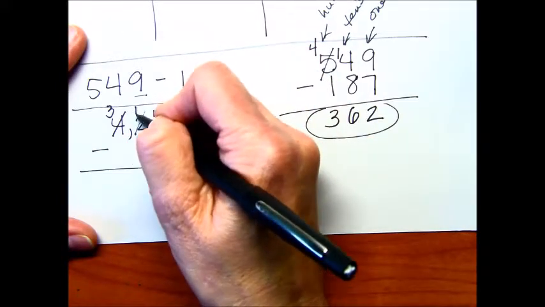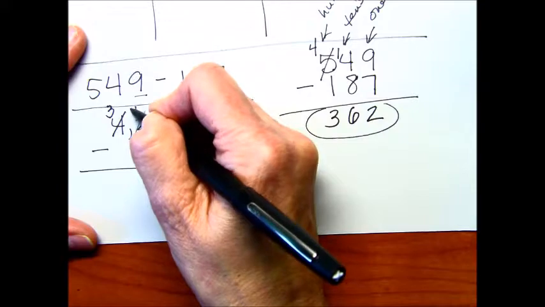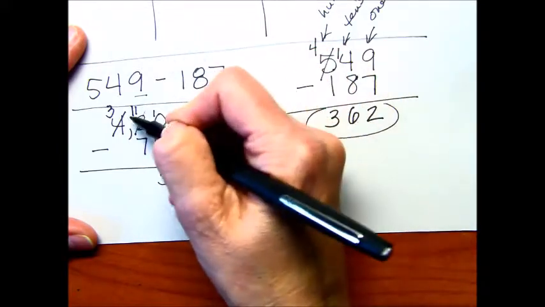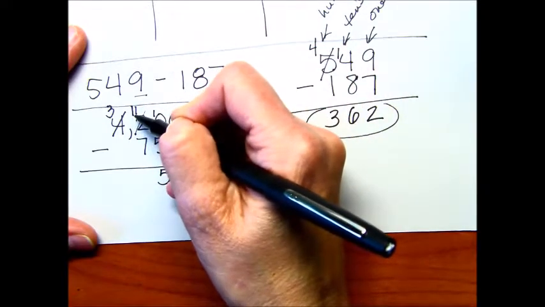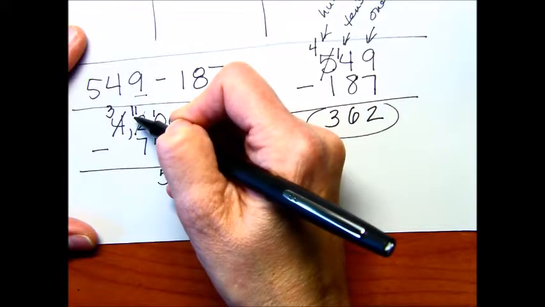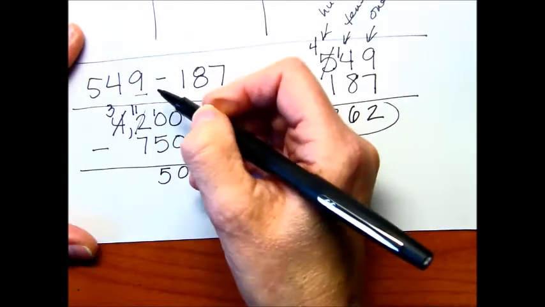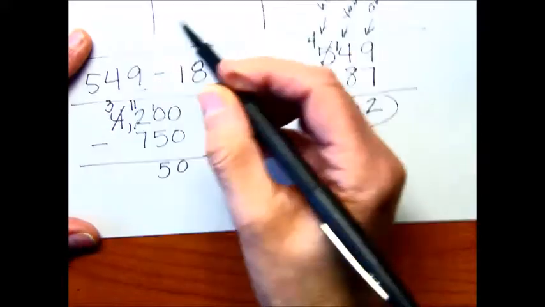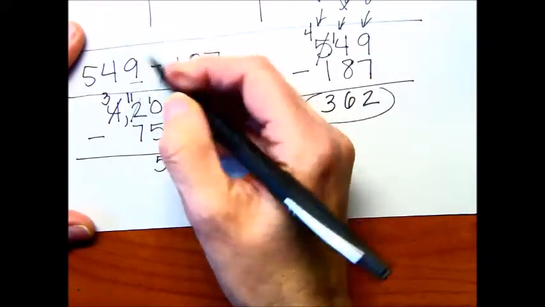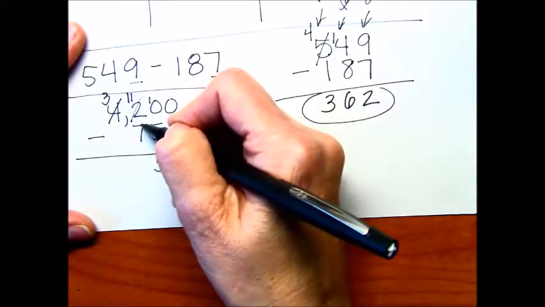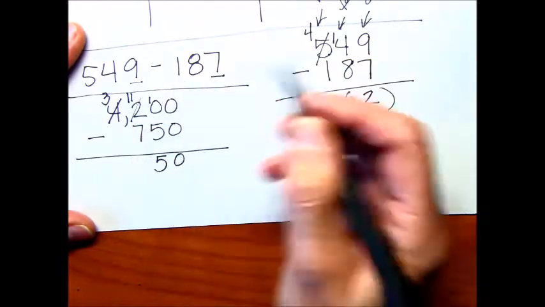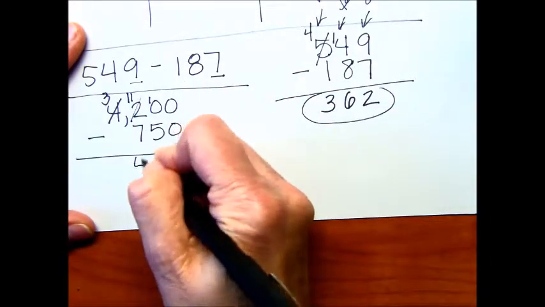Okay, now because I already have 1 here, I'm going to put a 1 here, and that means that I have 11 100s. I know that sounds pretty weird, but it's a real thing. 11 100s. So now I can take 11 and subtract from that 7 hundreds. So 1100 minus 700 is going to give me 400.